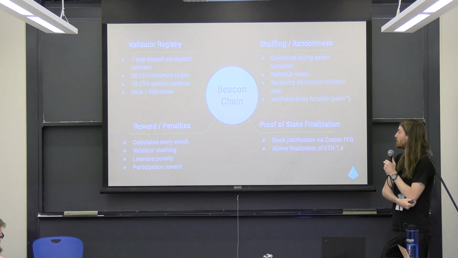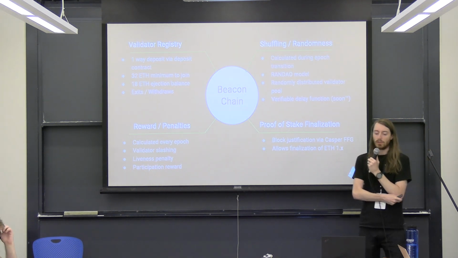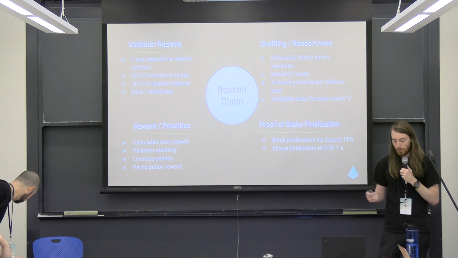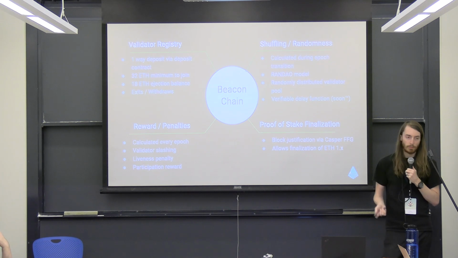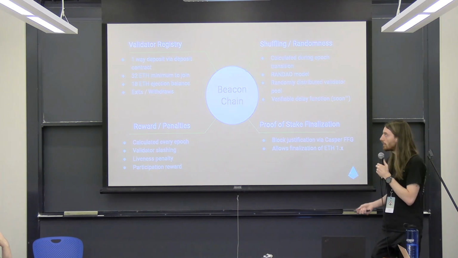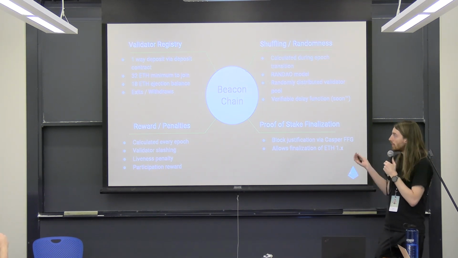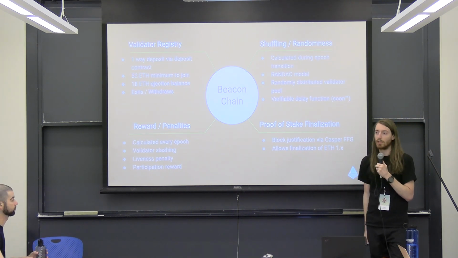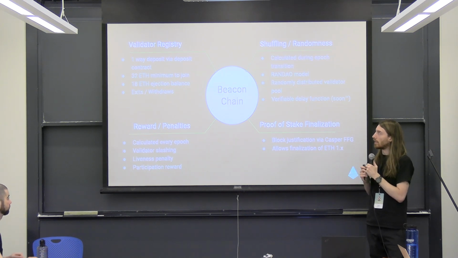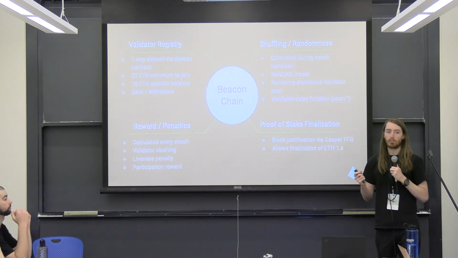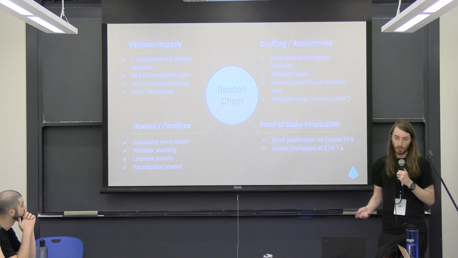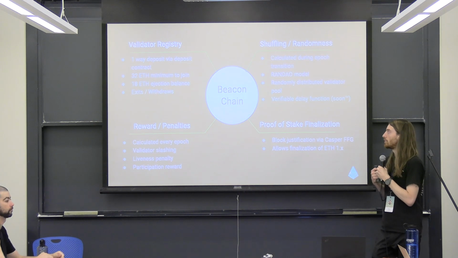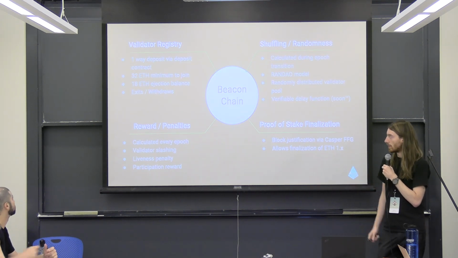It has 4 major responsibilities, which are to deal with the actual validators themselves. So getting people to join the validator set through a one-way deposit. If you want to be a validator and you have 32 ETH, which is the minimum at the moment, and that's what we're thinking is going to be for mainnet, you will take that 32 ETH and send a proof deposit to a smart contract on the Ethereum 1 chain, and then you'll be set up to become a validator in the beacon chain.